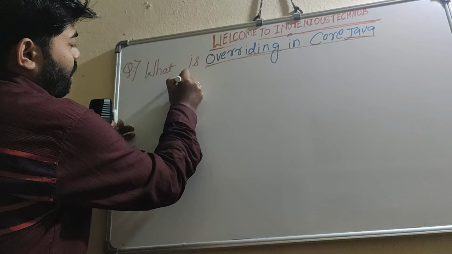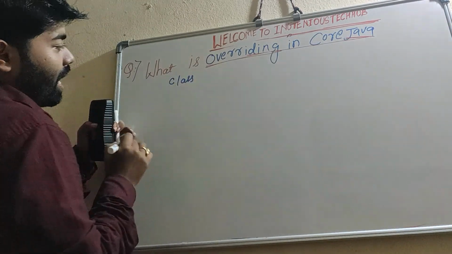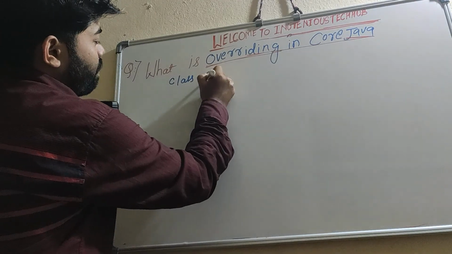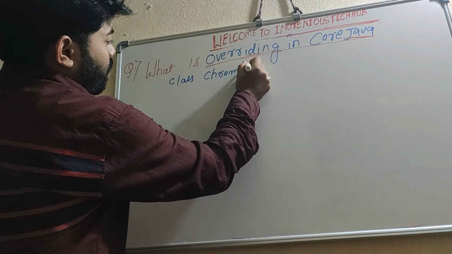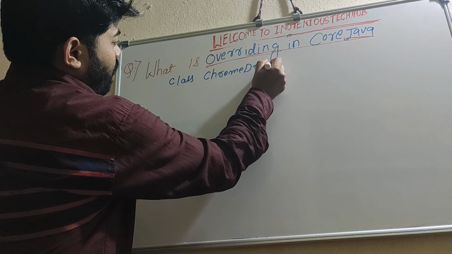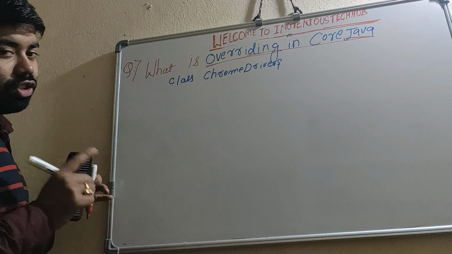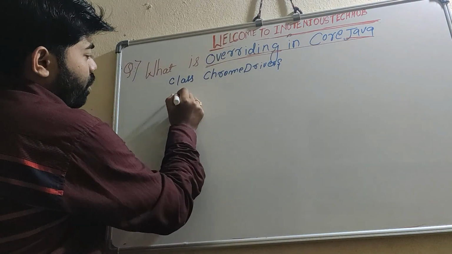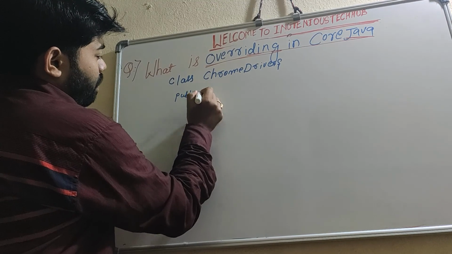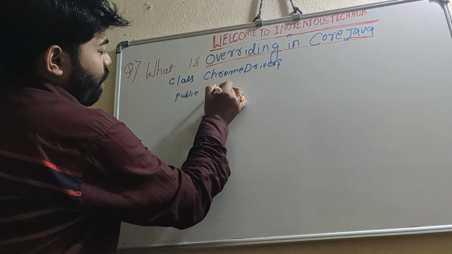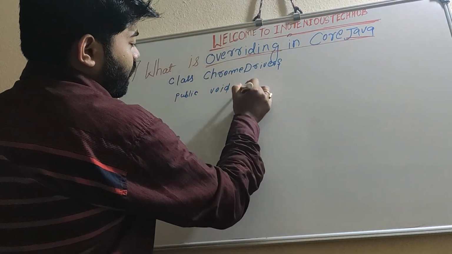Class. This is the class ChromeDriver. I took a class as ChromeDriver. Then I'm going to take one method, public void, and the method name is get.